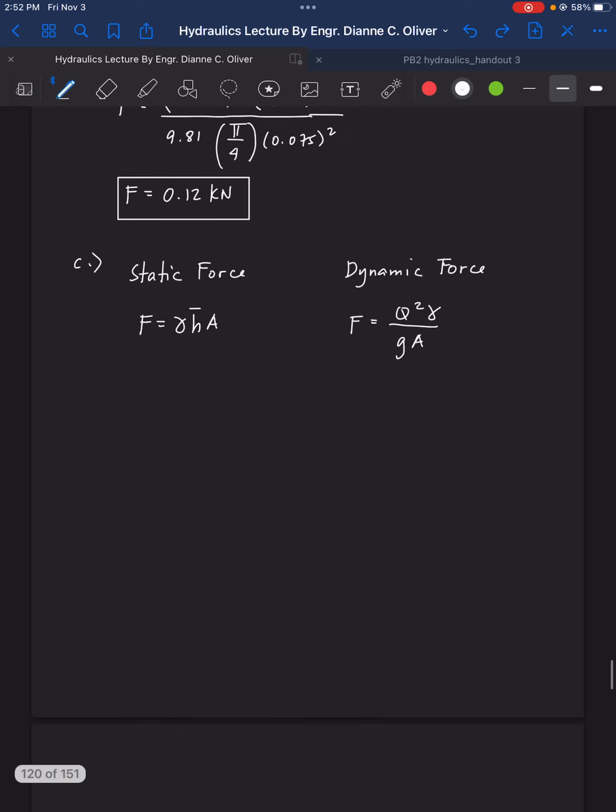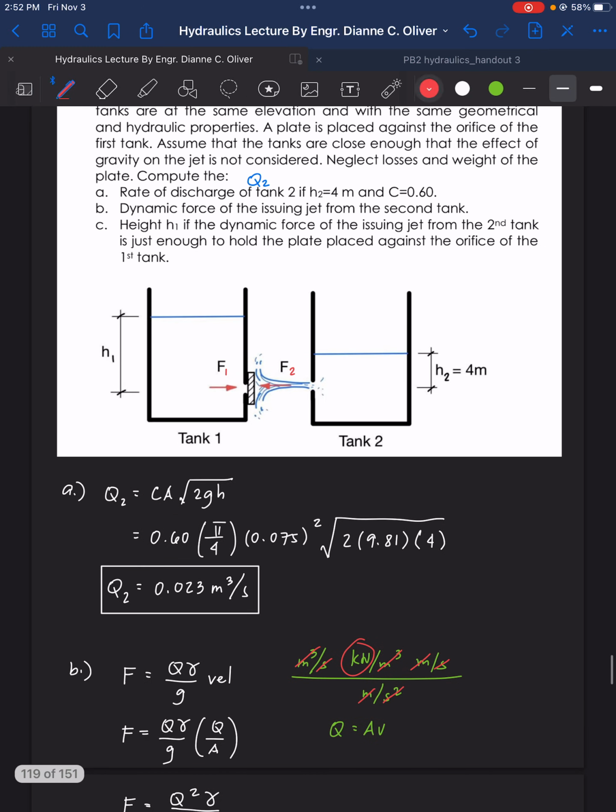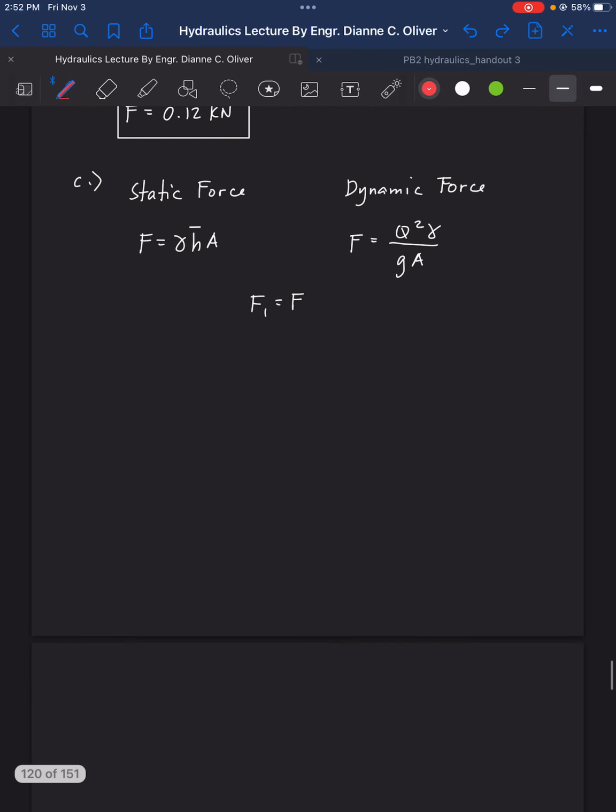Since F1 is equal to F2, in order to have this plate stationary, it won't be moving, gamma h bar A is equal to Q squared gamma over gA.